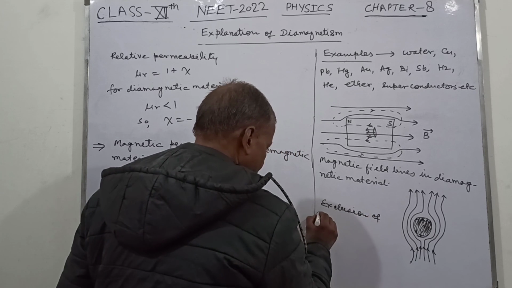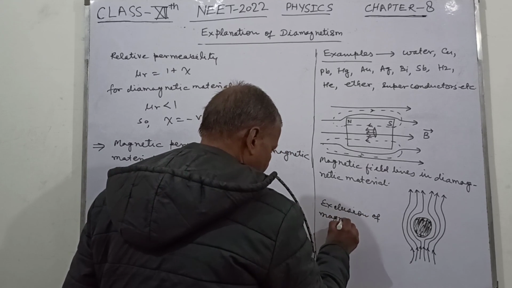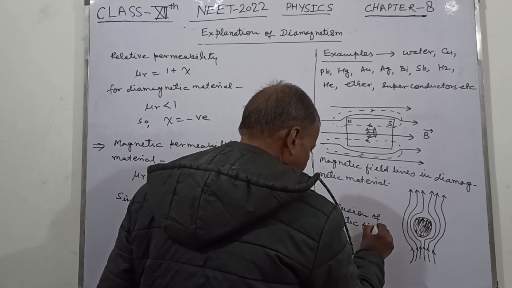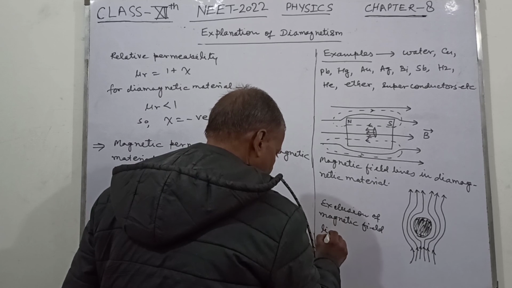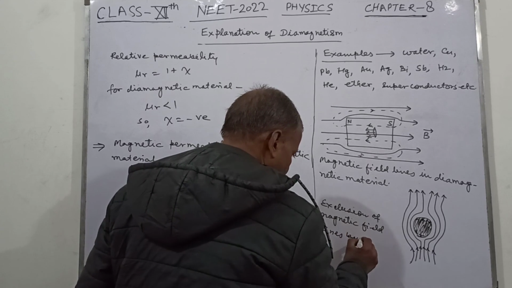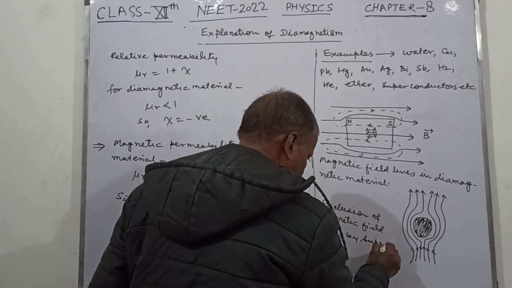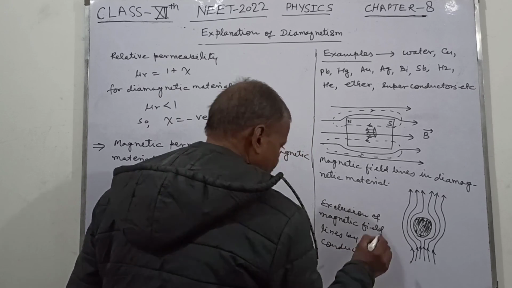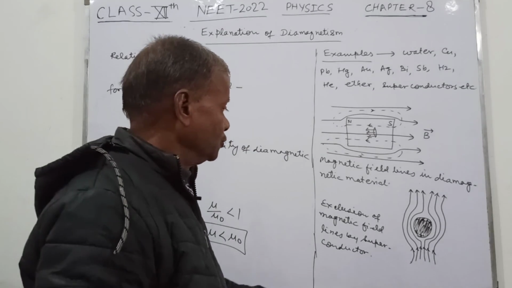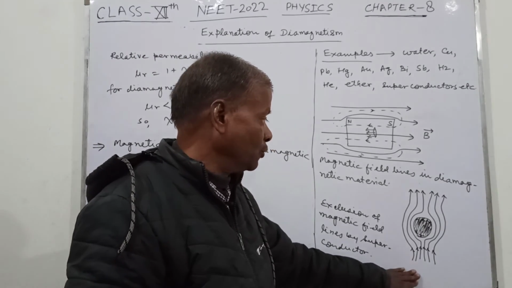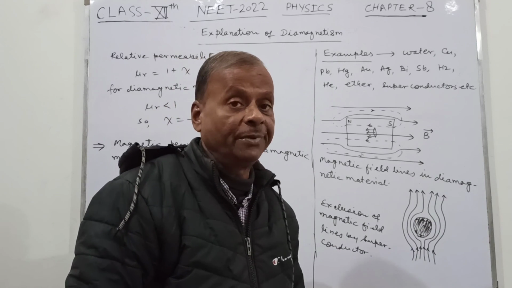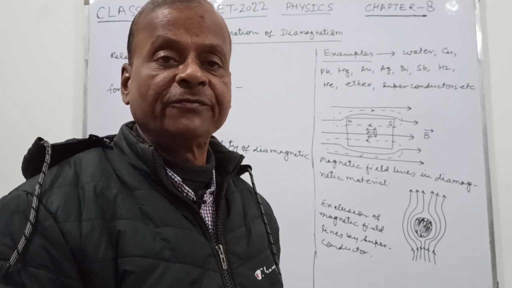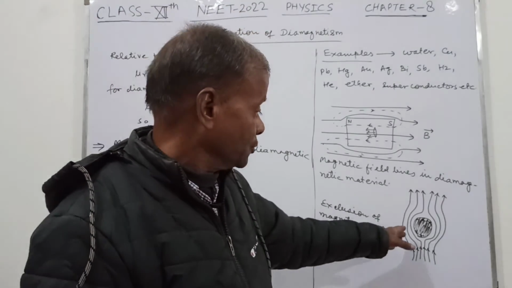This is the exclusion of magnetic field lines by the superconductor. In the case of a superconductor, no field line passes through, so there is complete exclusion of the magnetic field lines. It means there is no magnetic flux through this superconductor.